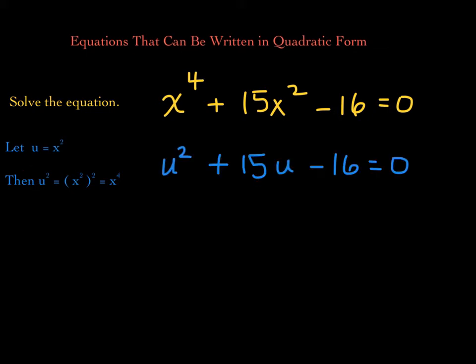This is how the equation reads now that we made the substitution. We replaced x squared with u, and x to the 4th with u squared, and now this equation in the variable u is indeed quadratic. Because it's quadratic, we can use our algebraic factoring techniques to solve it.